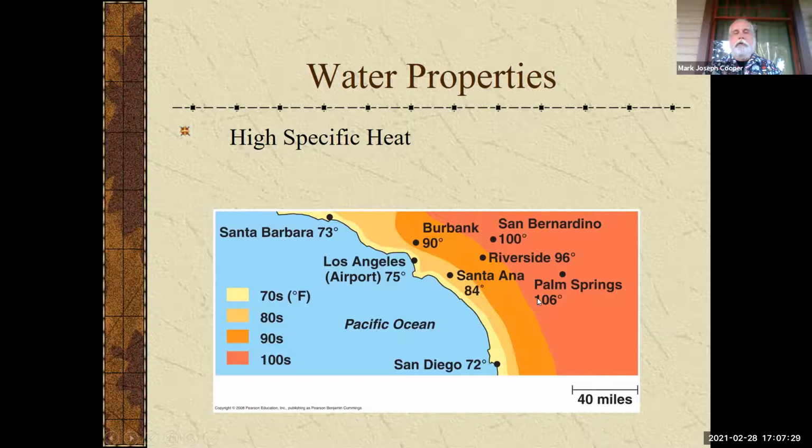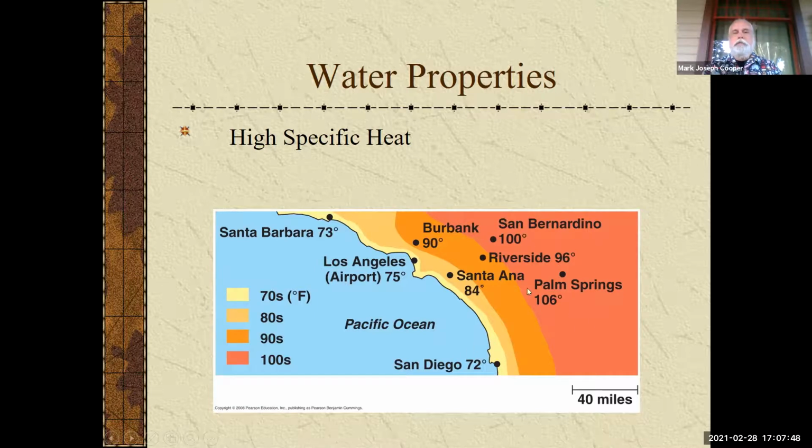So what you need to realize is if you live at the beach or next to a big lake, the daily temperature range is a lot smaller than if you go out to Palm Springs, where it can get all the way up into the upper 120s and actually drop all the way down into where it snows.